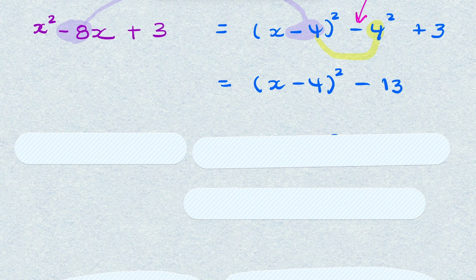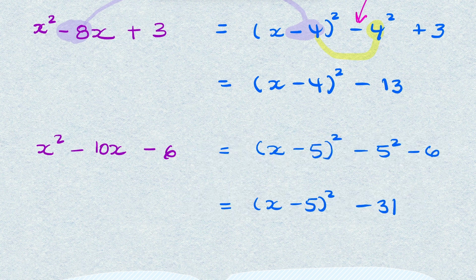My final example here, we've got x squared minus 10x. So I'm going to do the exact same thing. I'm going to take the minus 10 and divide minus 10 by 2 to give me minus 5.